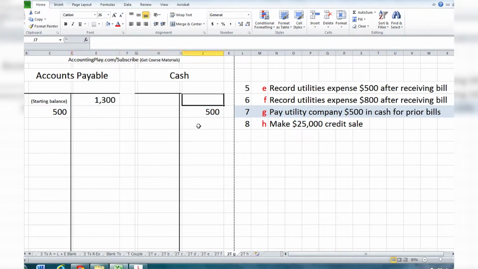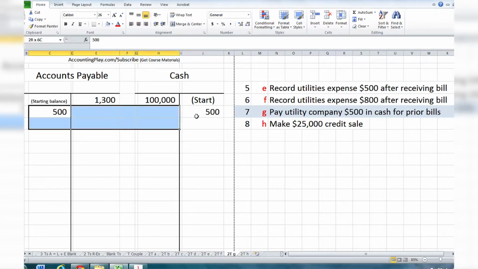Now this is a little bit awkward because we don't have a beginning cash figure in here. And we're reducing cash, so there would be negative cash. Negative cash doesn't really exist, so we'll go ahead and just put in a beginning cash balance of $100,000 just to illustrate. Okay, we'll just say starting. So we have $100K in the bank, not bad.